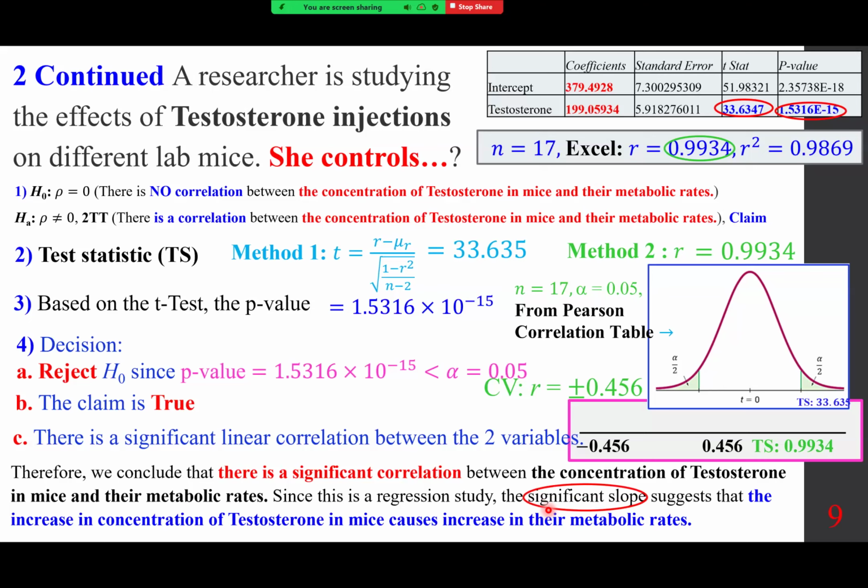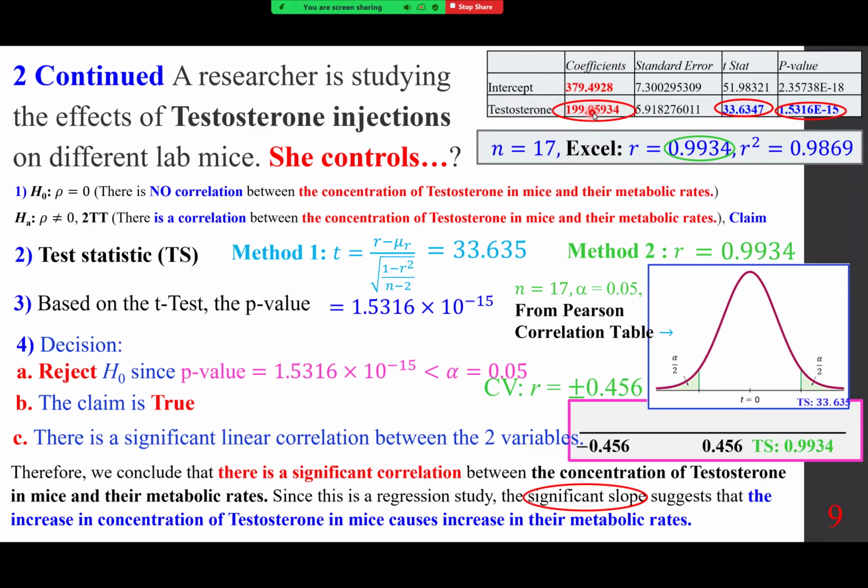So here's the significant slope. I want to show you what those numbers are, because every number has a meaning. We've discussed those: the p-value, the test statistic, and this is the intercept, and this is the slope, the significant slope.